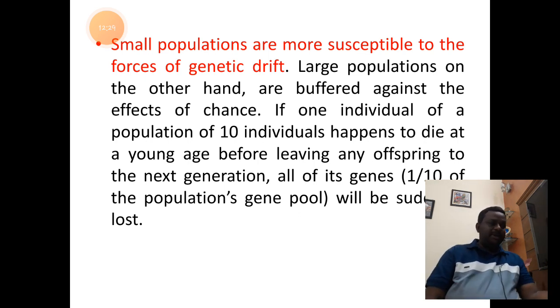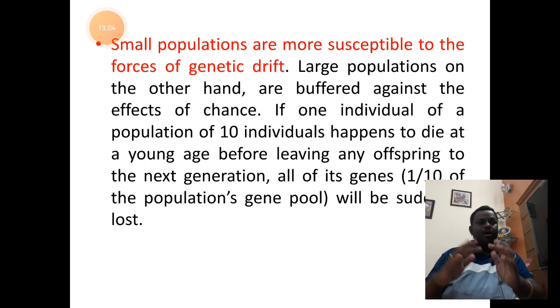The next requirement of genetic drift is small population. Large population does not show much change. For example, if one individual of a population of 10 died at a younger age, before passing its genes into the next generation, 1/10 of the alleles of the gene pool are suddenly lost.